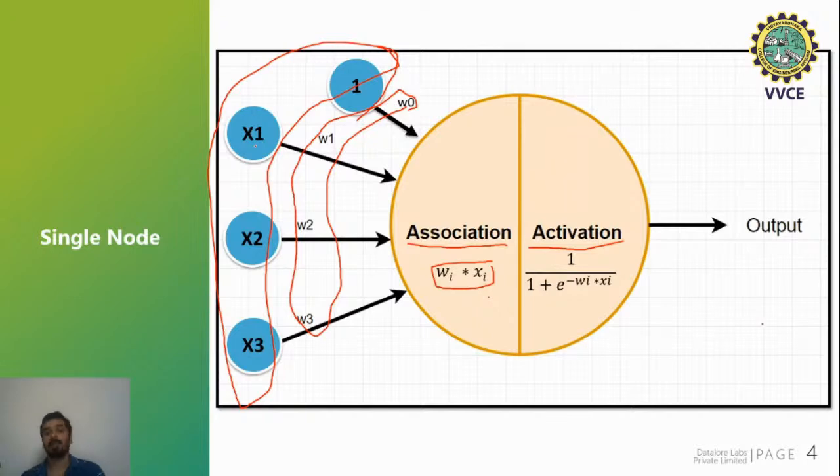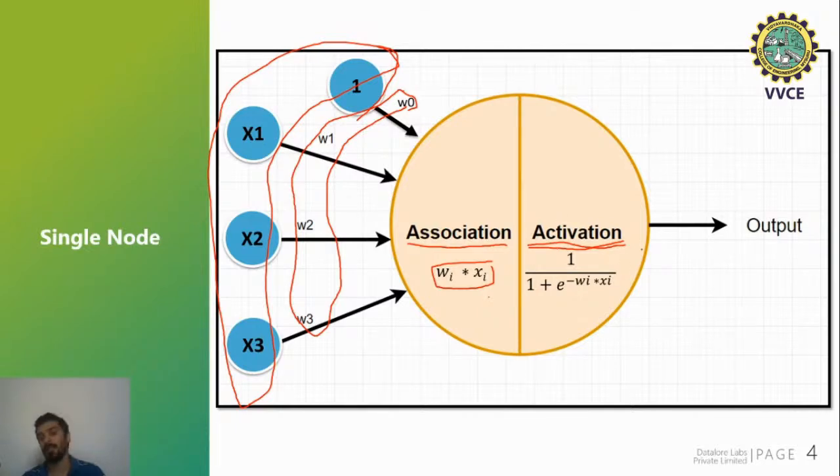The next thing that happens in a neuron is called activation. Before we talk about activation, we have to understand something called an activation function. Basically, activation tells you whether a particular neuron needs to be activated or not. In other words, should the neuron send out some information or not.